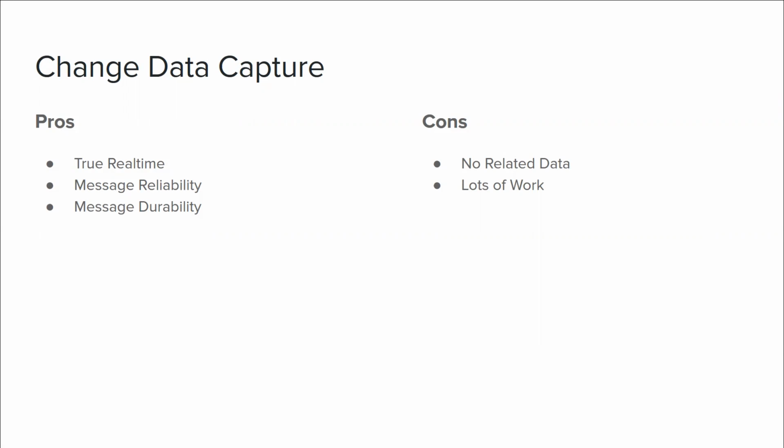You say, here's my object, and it will stream the data as well as additional data. What I mean by additional data is it tells you if it was an insert, an update, or a delete. And if it's an update, it tells you what data changed, and it sends it in a very nicely consumable way. And again, this is streaming, so it's got the same real time, reliability and durability as the streaming API.